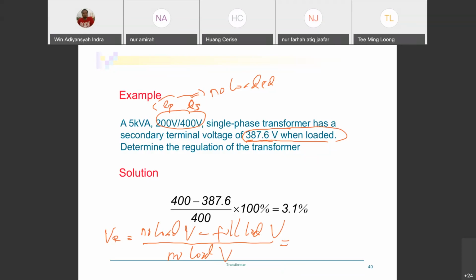So the no load voltage is from the secondary, which is 400. So 400 minus this one, over 400. You will get 3.1%. So the variation of secondary voltage between no load and full load is 3.1%.